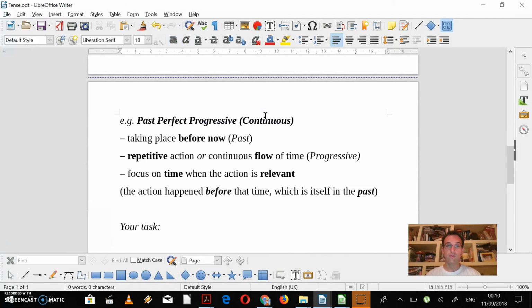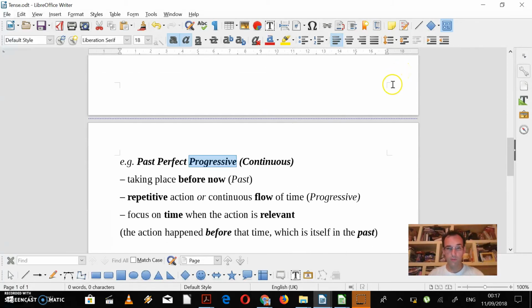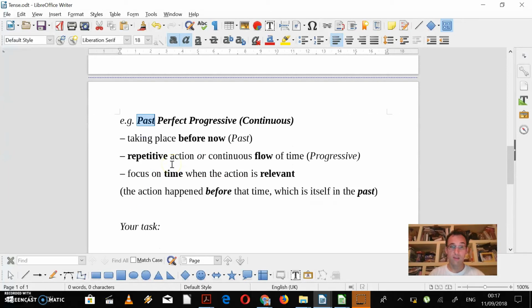Now I'll give you an example of how it functions. With the past perfect progressive, we have past in the name, telling us that the action took place before now, or at least that the focus of the action is on the past. Now we have the progressive, which shows that the action is viewed either as a repetitive action, several actions going on one after another, or one continuous flow of time.